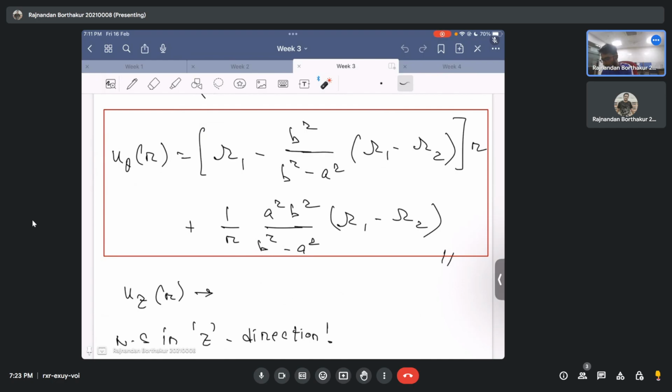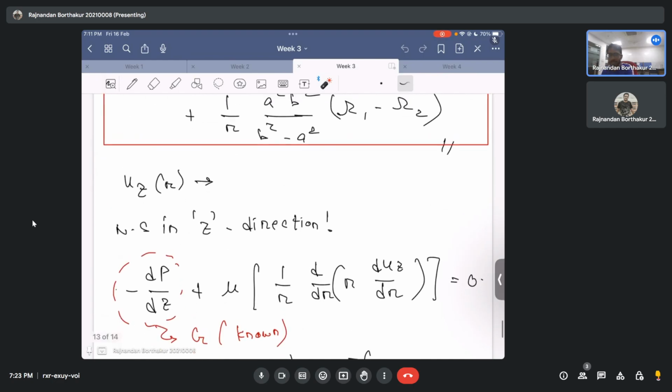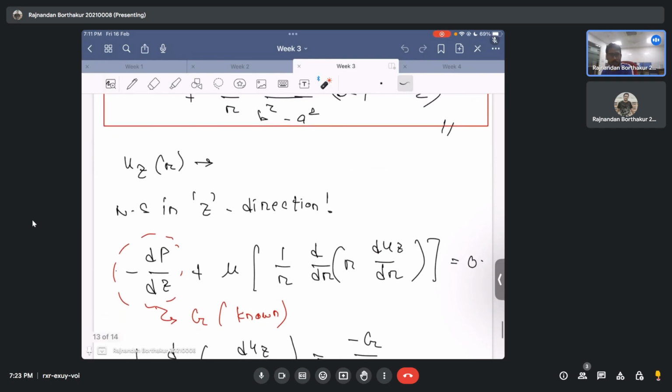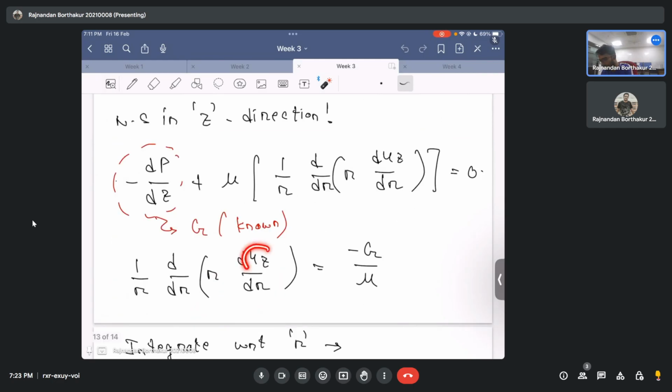However, since there was also a z directional velocity, we'll also get a uz velocity. This means that there will also be a flow in the z direction, and we use the Navier-Stokes equation in the corresponding z direction to find out the value of uz.